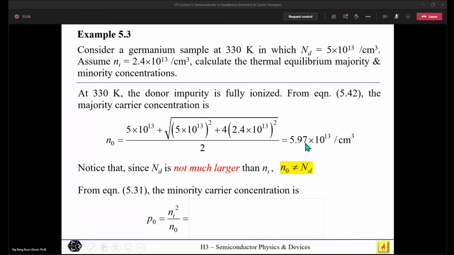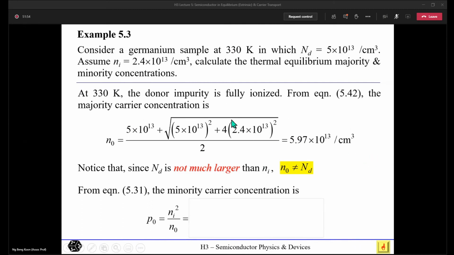Simply because in the previous case, the donor doping is so large that the contribution from band-to-band transition is very, very small. It could be like 5.00000000 some value, which is extremely small, and if you approximate it, it's just the doping that you put in. In this case, because the doping is not high, you have to take into account the band-to-band transition.